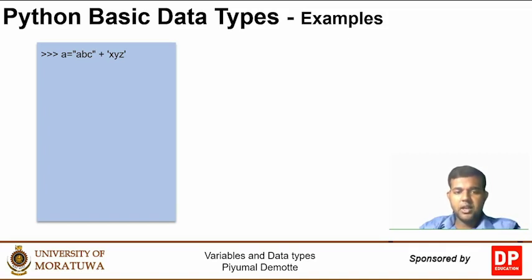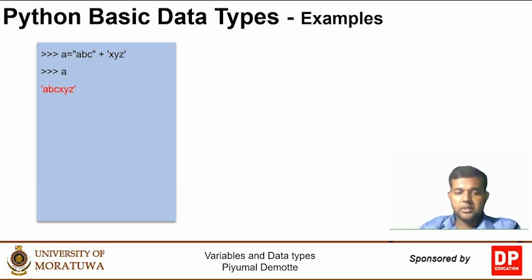When we want to declare a string, we can use characters or a set of characters within a single quotation or a double quotation, which Python accepts. Let's see what A evaluates to. We get A equals ABCXYZ, where the above expression has concatenated two specified strings. This is a standard procedure where we can concatenate two strings.